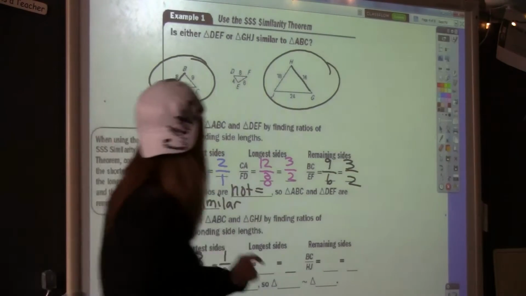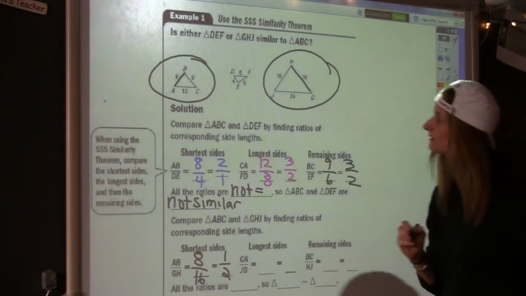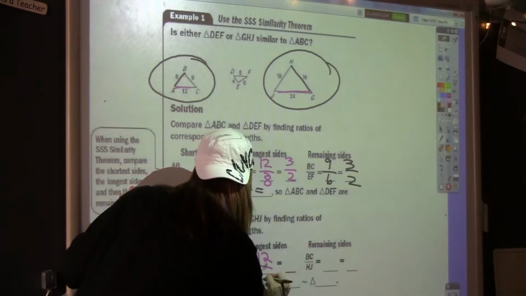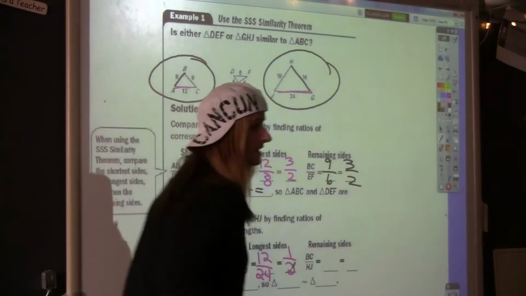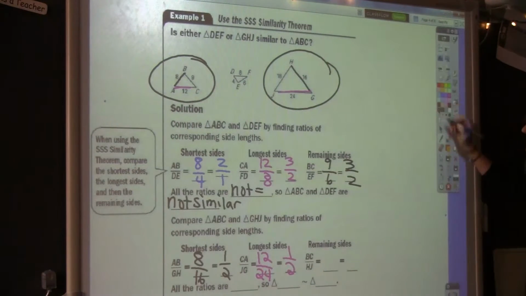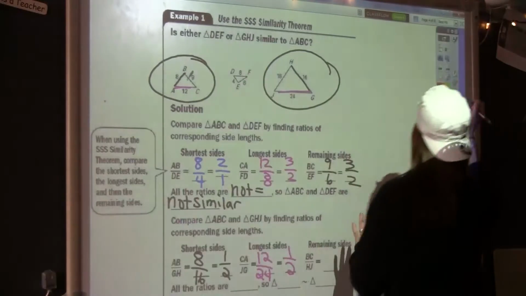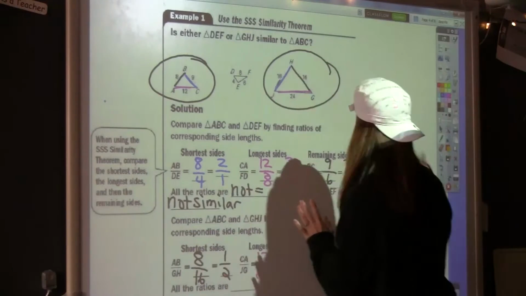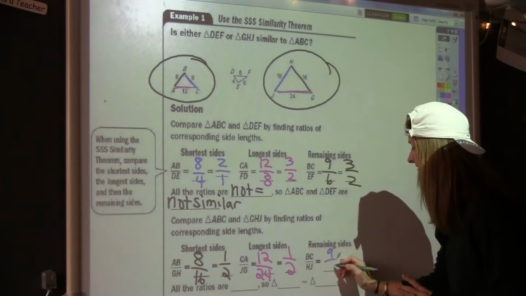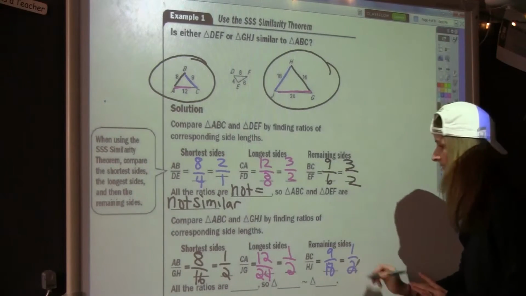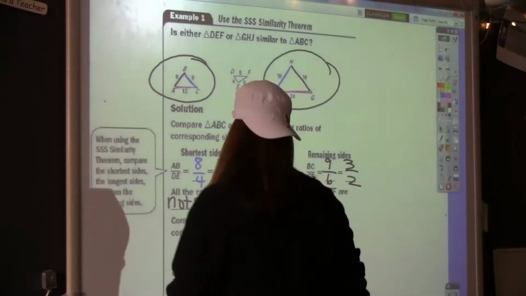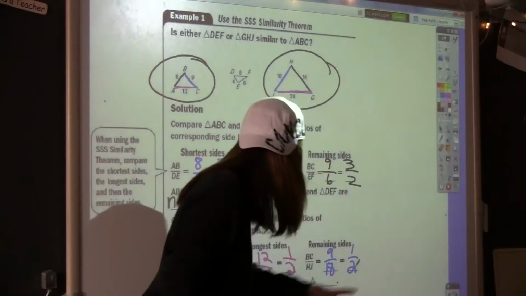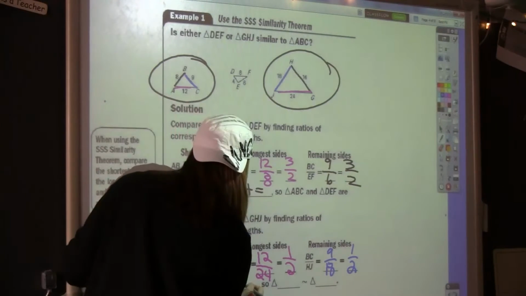Longest sides, 12 and 24. 1 to 2. Let's see what the last set is. 9 and 18. Look, the ratio of each of the sets of corresponding sides is the same. So all the ratios are equal.